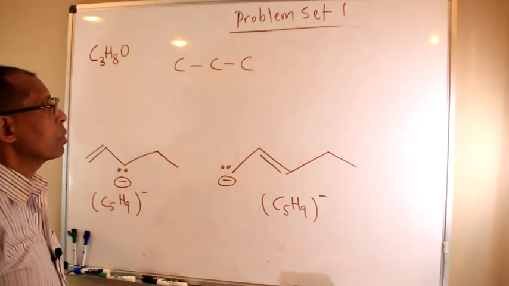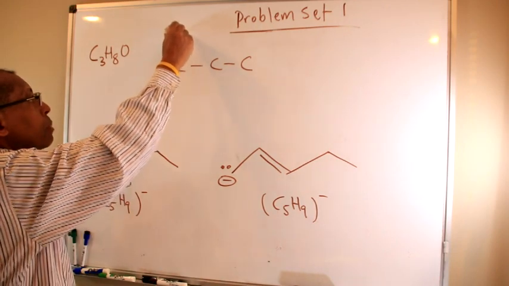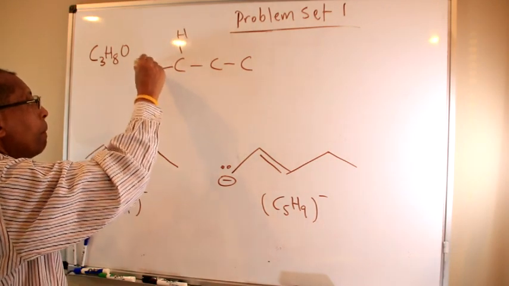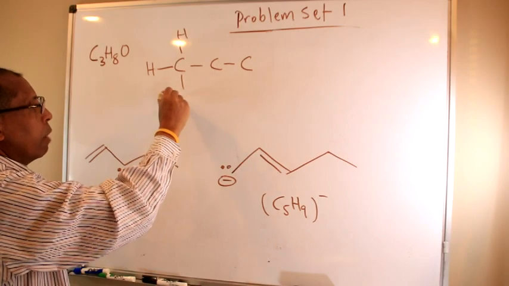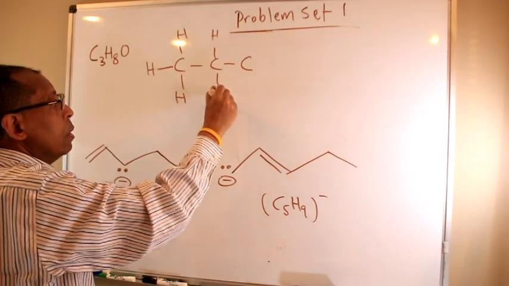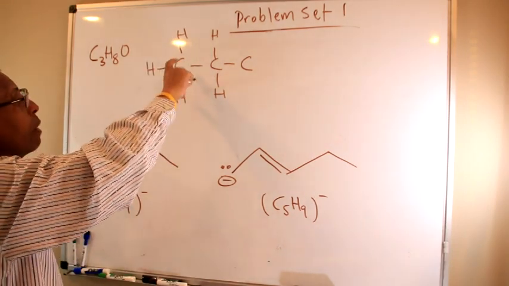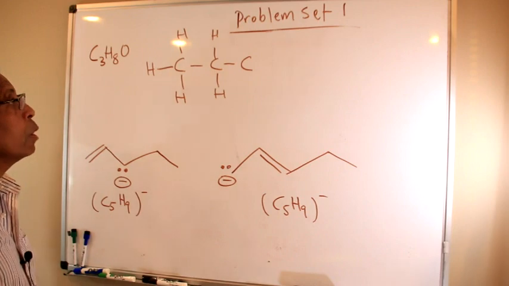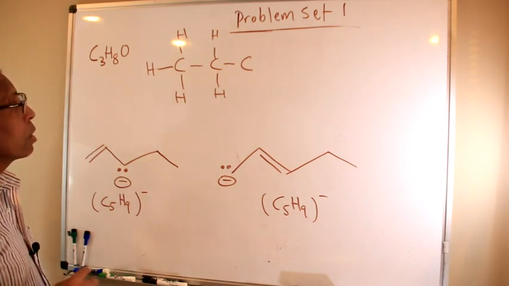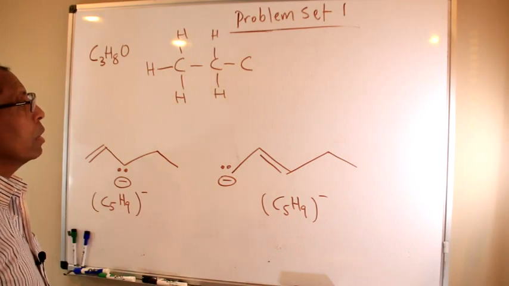Now we can write the hydrogens because we have 8 of them. I can have this, I can have this, but now what's remaining is 5 hydrogens in place, and there are 3 more that I need, and oxygen obviously.